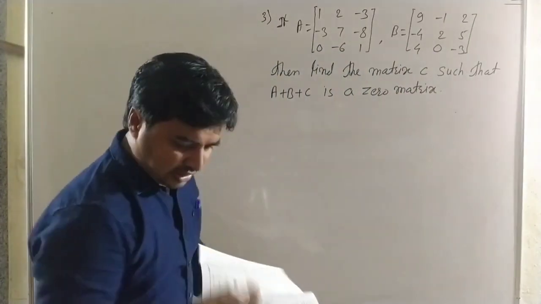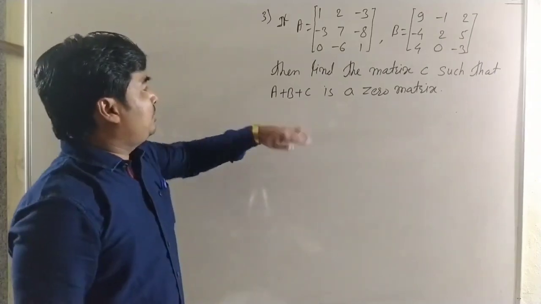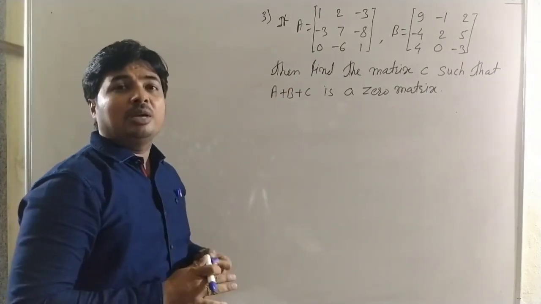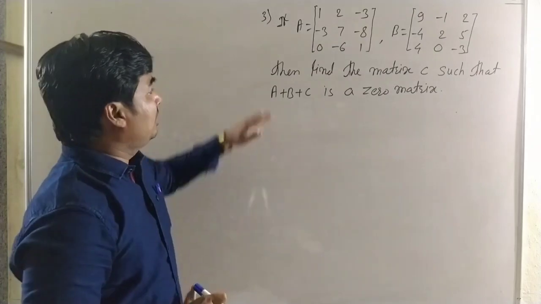Here it is given that A plus B plus C is equal to 0 matrix, that is A plus B plus C is equal to 0, and then find the value of C.